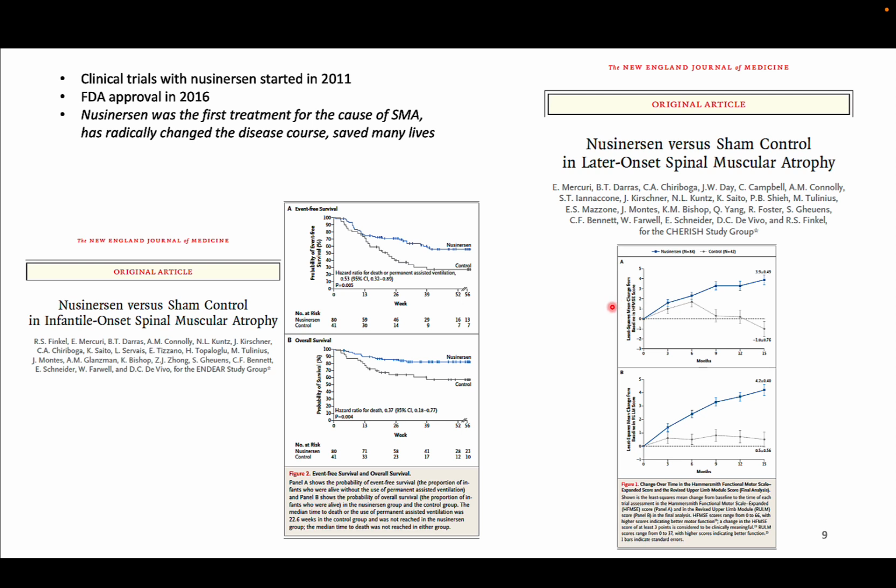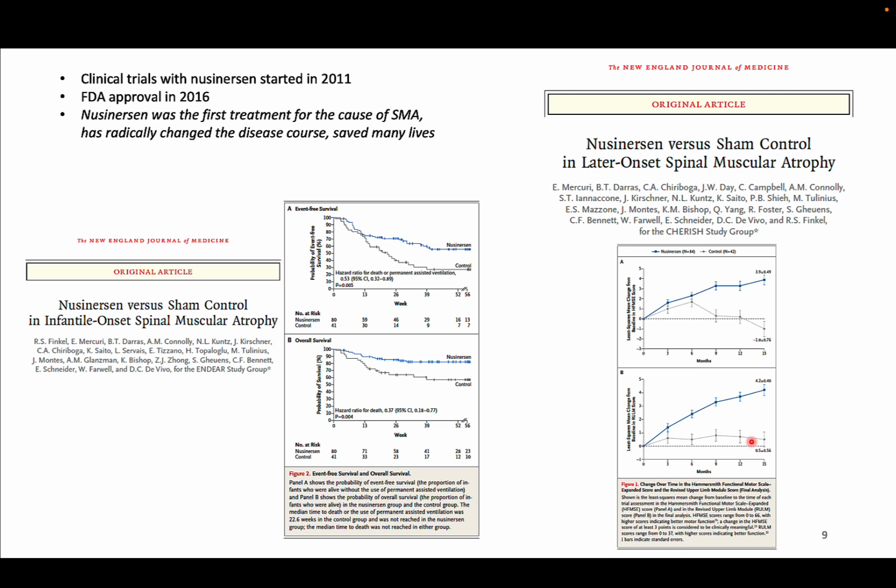And there are scales for their developmental function, which, without going into the details, you can see the nusinersen treated kids are going up in their function. They're gaining functional abilities, whereas the children who were randomized to the control group lost function or simply did not improve. So this is a dramatic change in the disease course.